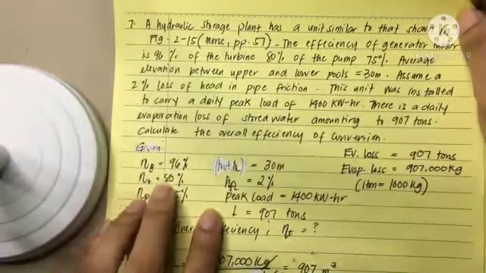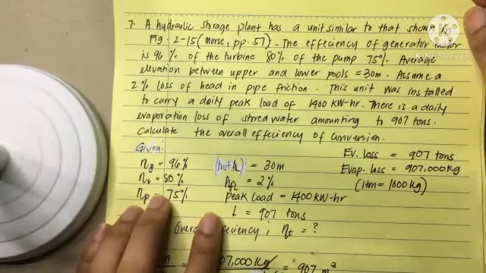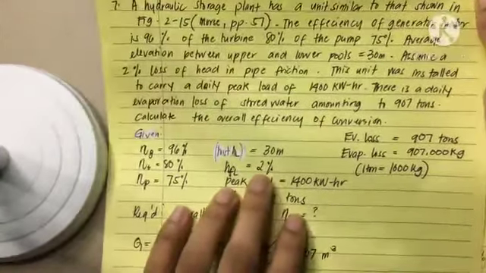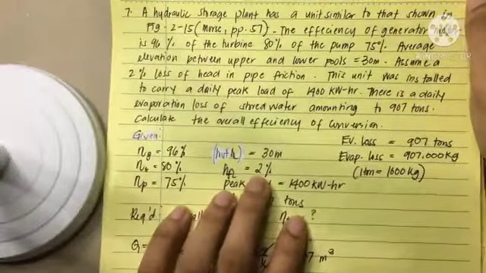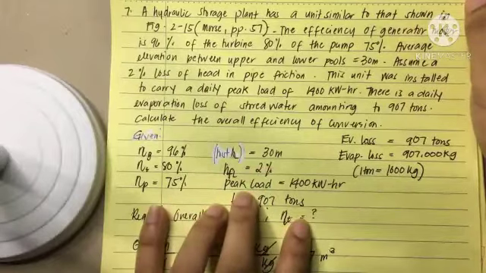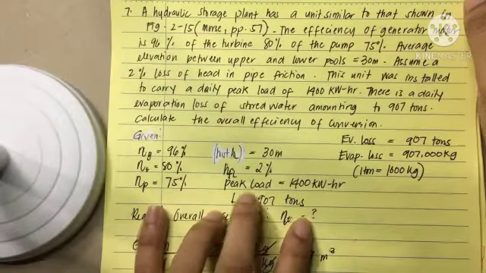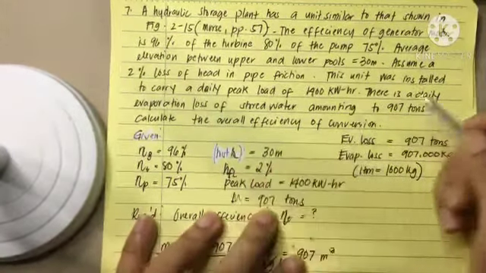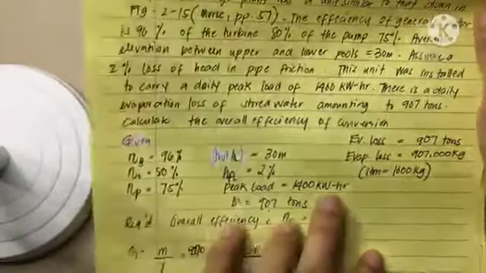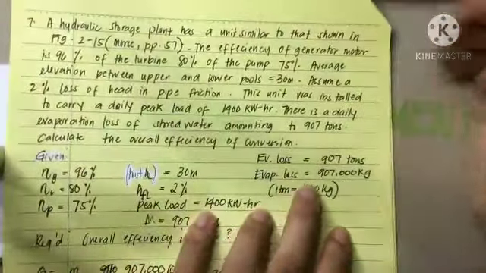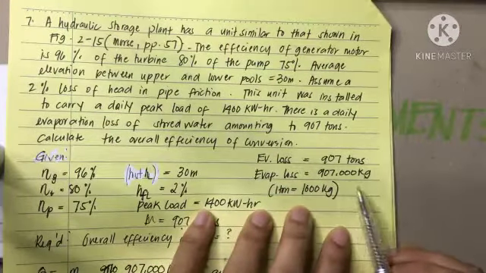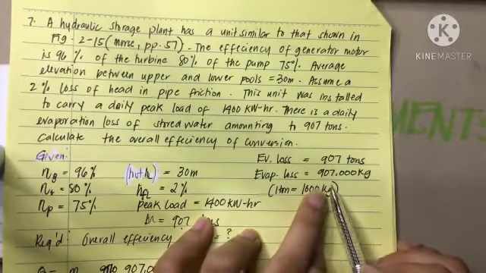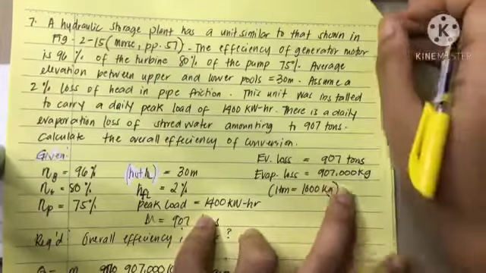So we have here the given: generator efficiency 96%, turbine efficiency 80%, pump efficiency 75%, average elevation between upper and lower 30 meters, head friction loss 2%, peak load 1,400 kilowatt hours, and we have here your mass, which is 907 tons. So by conversion, your evaporation loss, which is 907 tons, converting to kilograms, 1 ton is equal to 1,000 kilograms, so it gives us 907,000 kilograms.